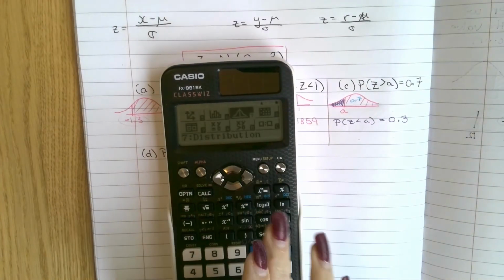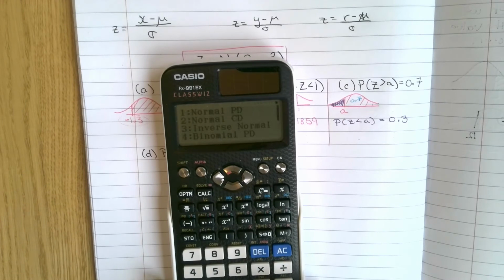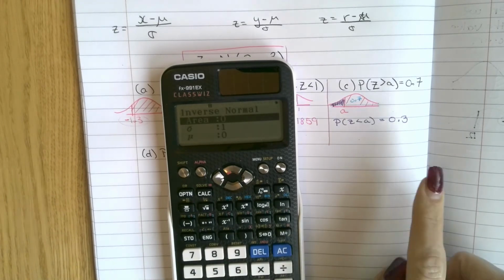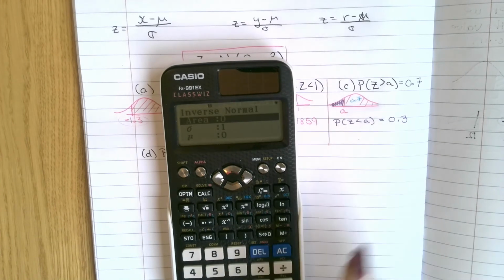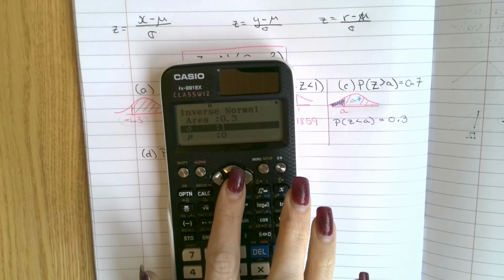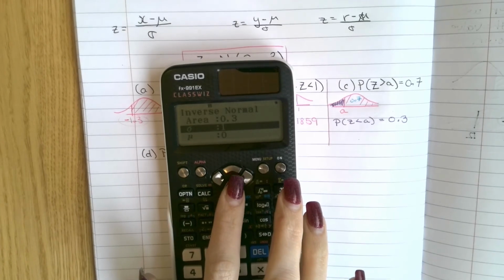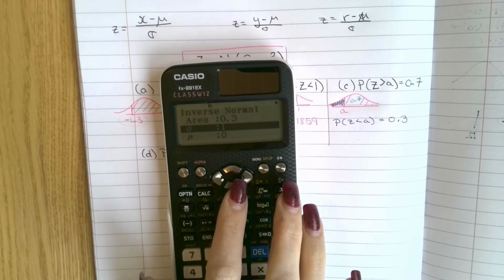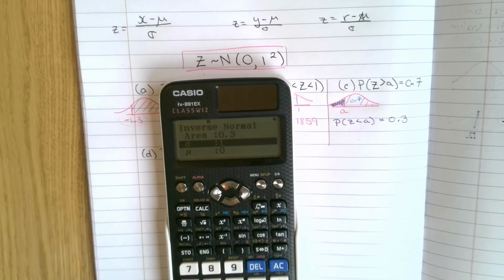This time when I go to menu, I'm going to hit 7, but we're going to use the inverse. So our area, as we know, area represents the probability, so it'll be 0.3. And again, it automatically uses the default standard deviation and mean of a Z distribution, but good practice to always check.